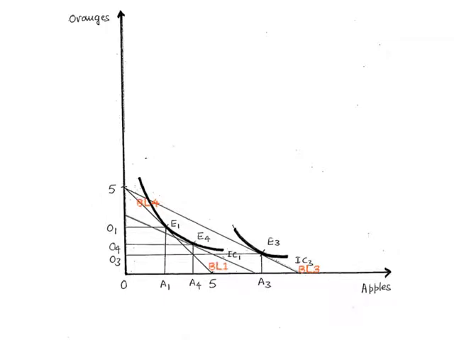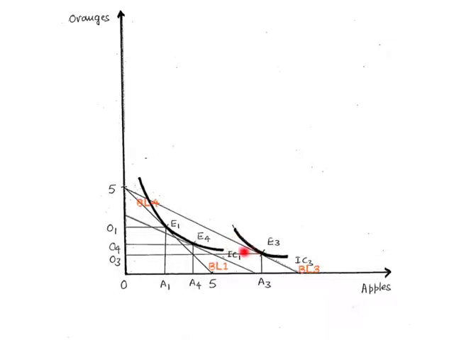Now let us see this in terms of a diagram when apples happen to be a normal good. So we already have this budget line 1. And when the price of an apple falls and everything else stays the same, we have this budget line BL3. And what we do, like we did in breaking down price effect into substitution and income effect, is draw a budget line which is parallel to BL3 but tangent to the original indifference curve, which is IC1.